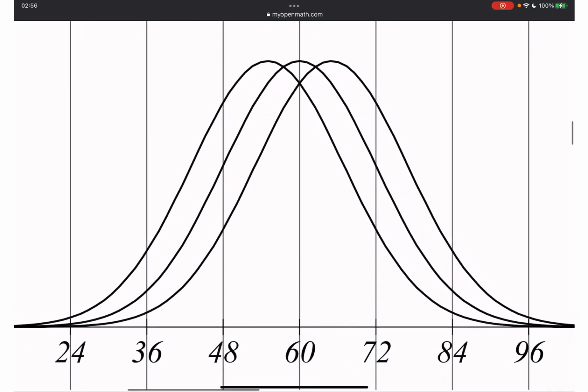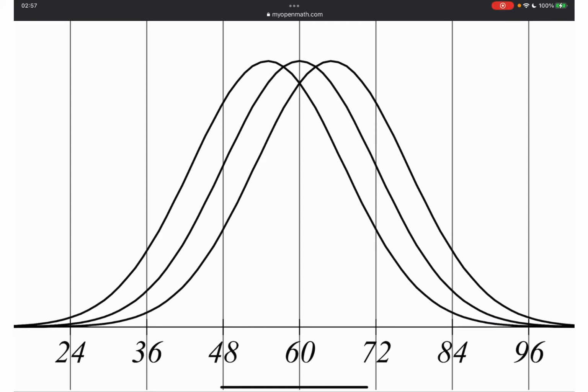On the first one, let's say this one is going to be about 48. If I take half of it, 60 minus 48 is 12, divided by 2 is 6. So 48 and 6 is going to be 54, this one.